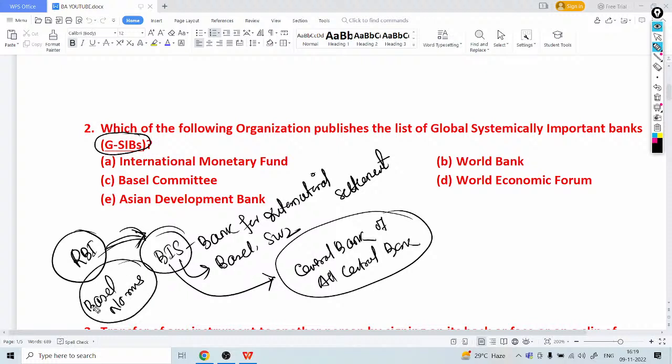The committee that forms the Basel norms is called Basel Committee. That fixes a bank whose asset size is very large, too large to fail. If this bank is going to be lost or hampered with loss, then definitely what will happen?